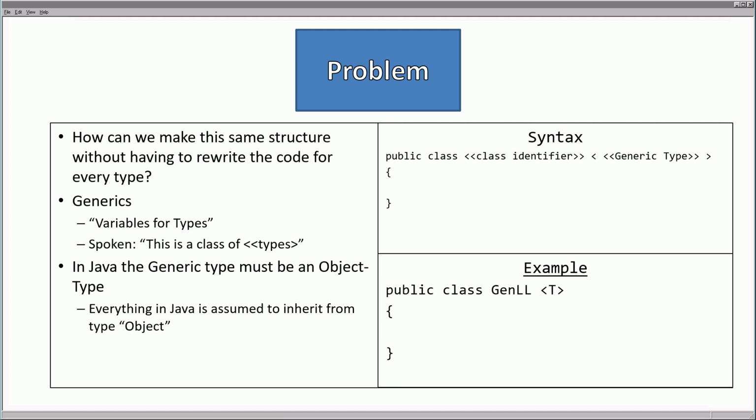To address this, we have to introduce a brand new concept called generics. What a generic does is it acts as a variable for the type. So the way that you would read this is a class of these types.